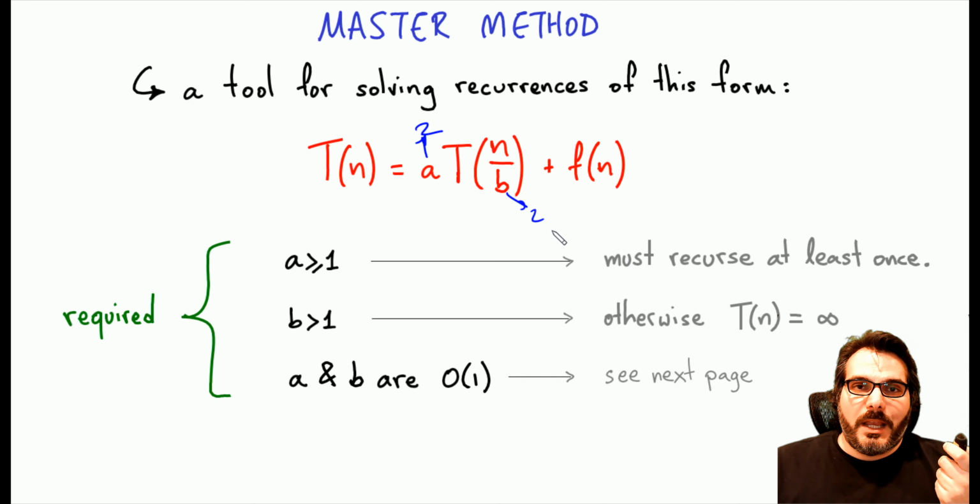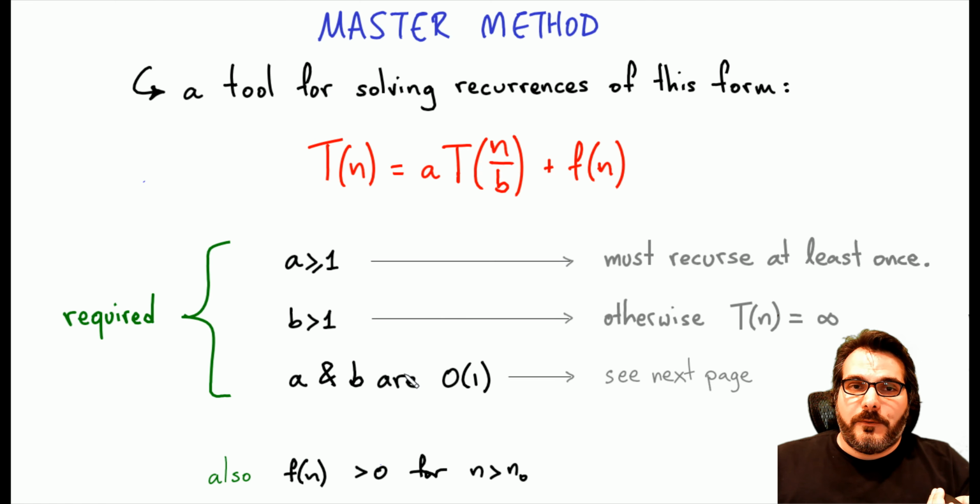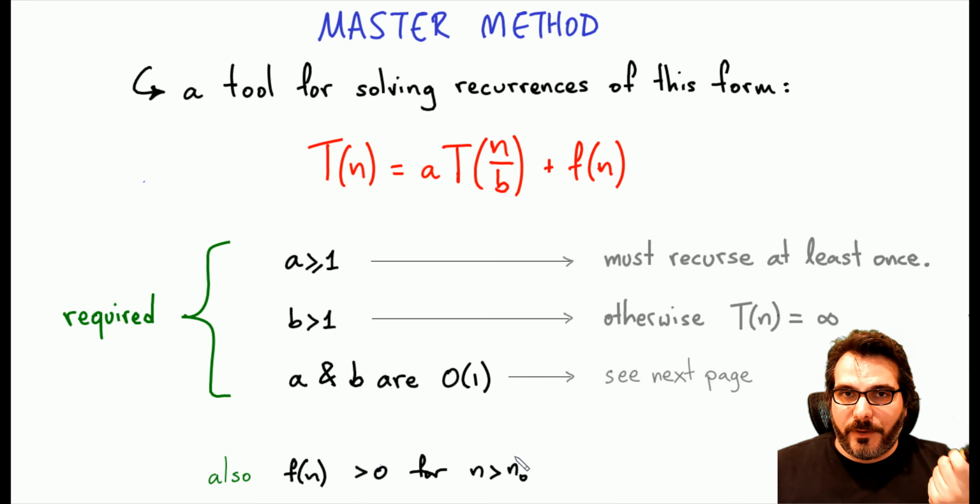Otherwise, we cannot apply the master method. There is another condition that comes from the big O notation as well. You may remember that n needs to be greater than n naught, which means large enough n, and f(n) needs to be greater than 0. So our function needs to be positive.